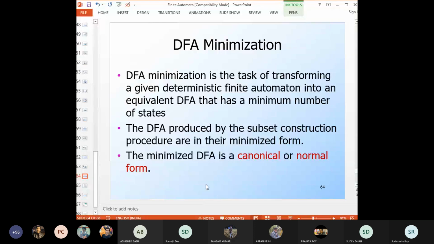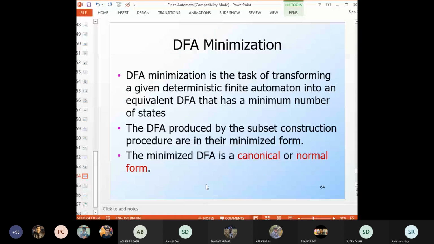Even if all of you stick to DFAs only, you can maybe produce a number of DFAs which accept the same language. So there is not going to be a single one. But if I insist that all the DFAs must be state minimized, must have the minimum number of states, that means they should be in their minimized form, then you will find that everybody produces the same DFA.